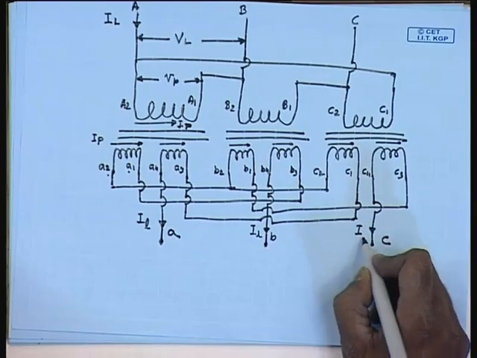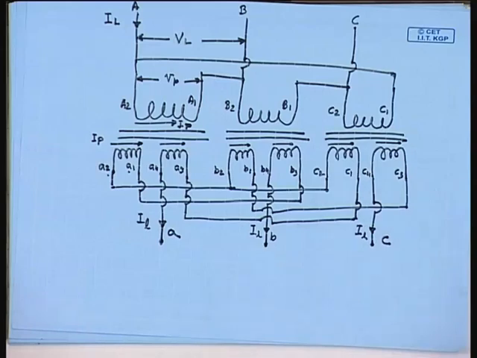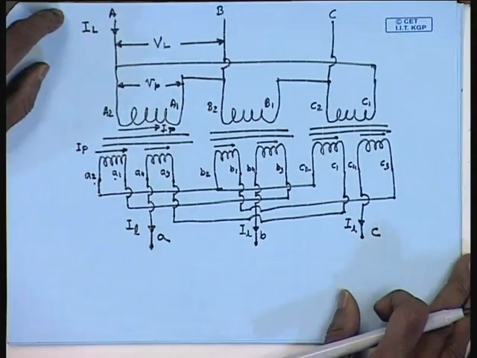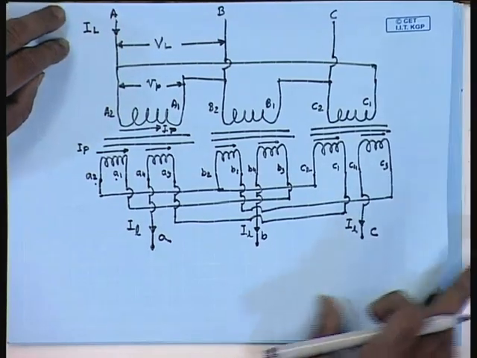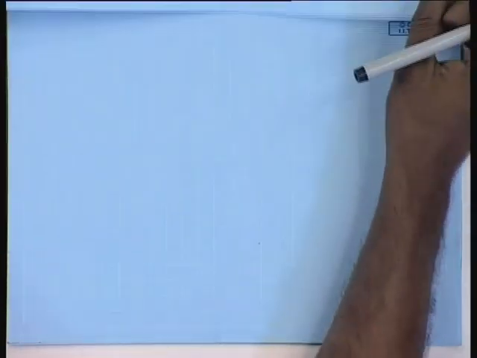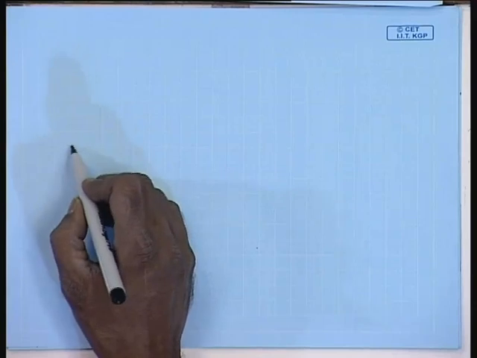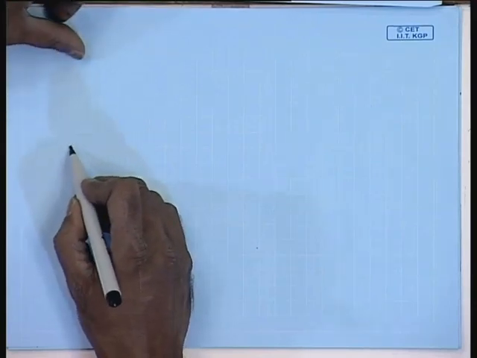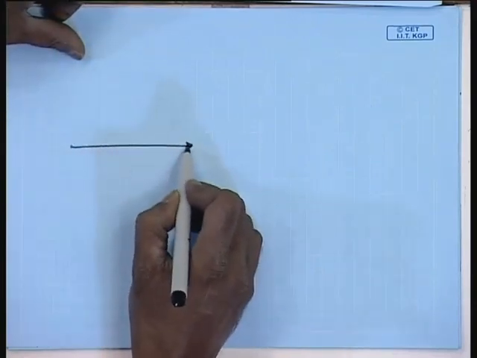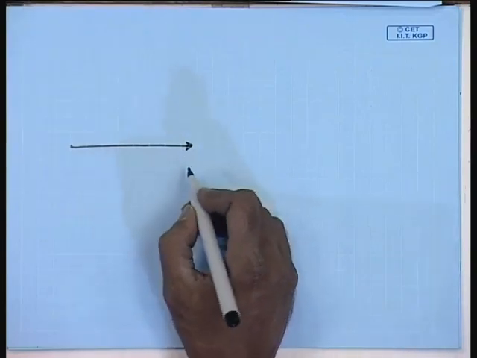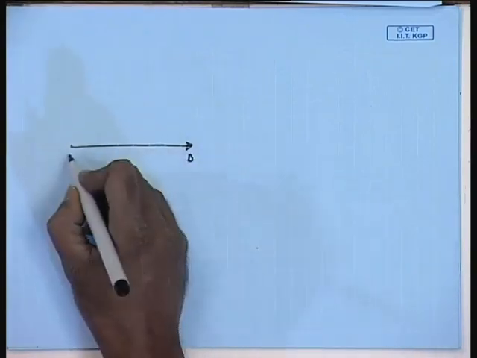First, let us see how the voltage and current phasor diagrams will look like for this kind of a connection. Taking the voltage VBC to be the reference phasor, this is B terminal, this is C terminal.